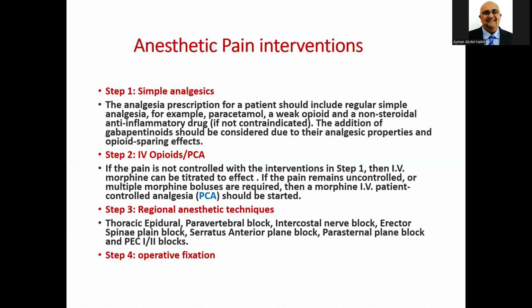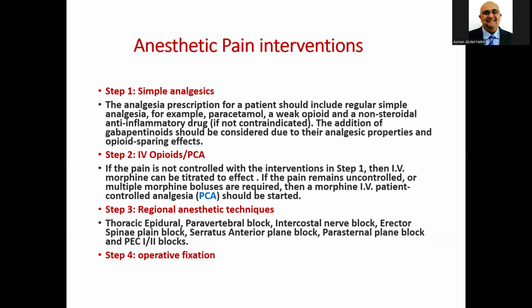Okay, so anesthetic pain interventions. We'll start with the simple analgesics in step 1, and that's what happened to me. And then, if it doesn't do the job, do IV opioids or PCA. Step three is regional anesthetic techniques, and we're going to give you a full detailed explanation about these different techniques.